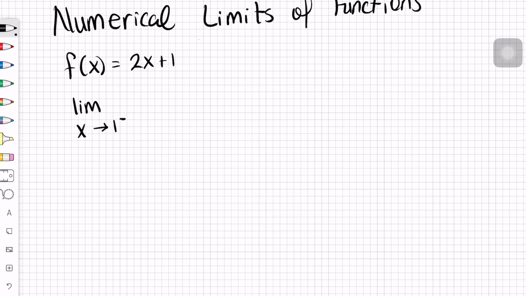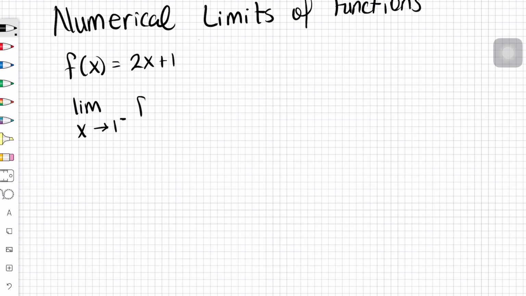from the left of f of x, which I could rewrite as, I have seen folks rewrite this as 2x plus 1. So one way of looking at this is, what is the limit as we approach 1 from the left for the function 2x plus 1?